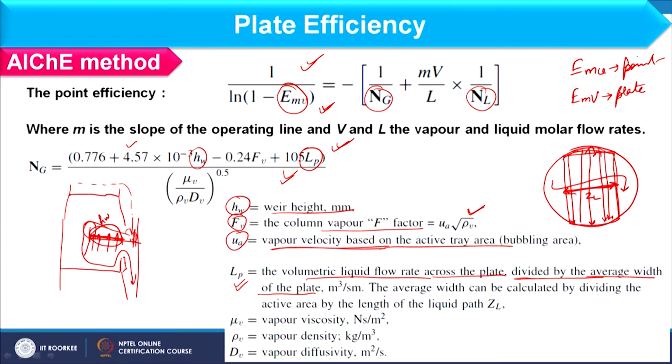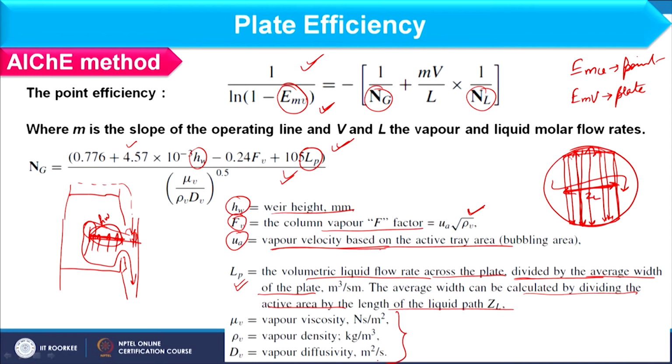The average width can be calculated by dividing the active area by the length of the liquid path, that is ZL. ZL is this, I have already explained, and this will be more clear when you see the example based on the AIChE method.